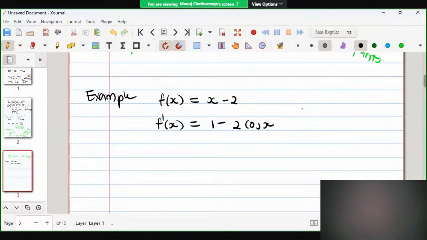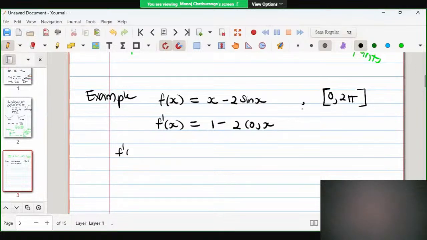Then cosine x: derivative of sine is cosine, so this should be sine x. So that must be our function. We are trying to find the maximum and minimum values of this function on the domain [0, 2π]. The domain is a bounded closed interval. Therefore, it must have extreme values.